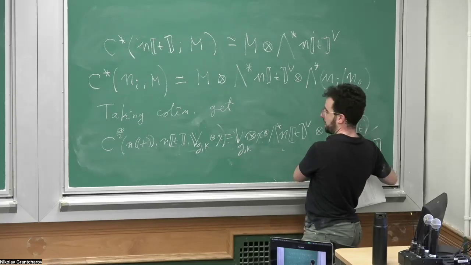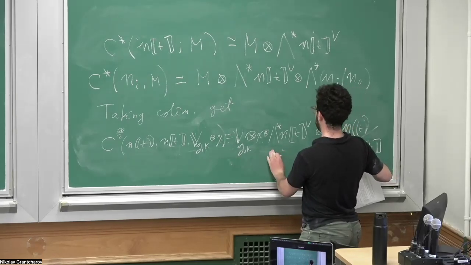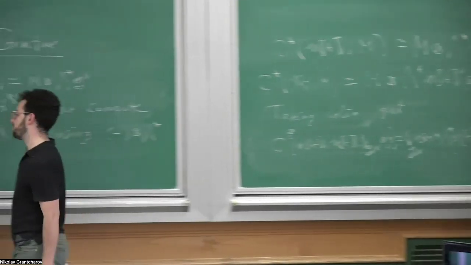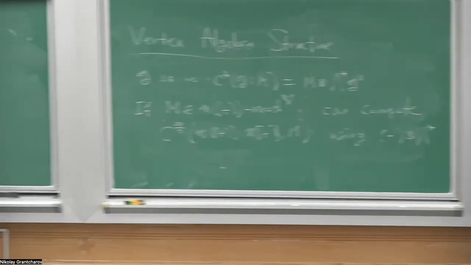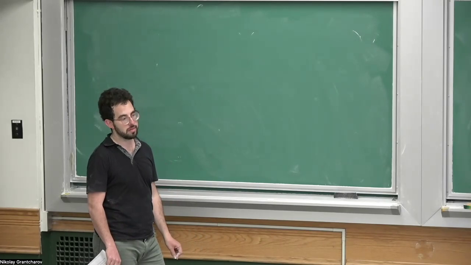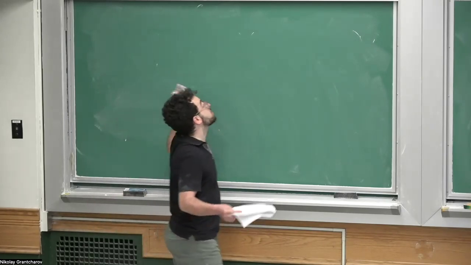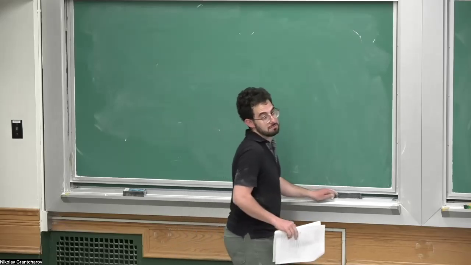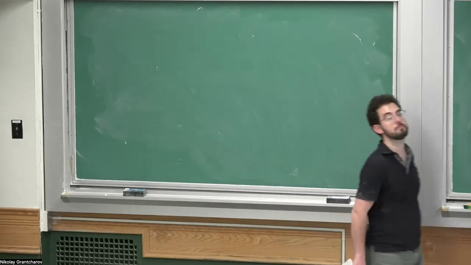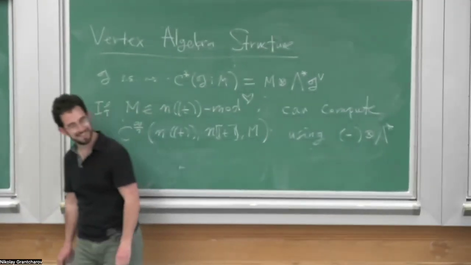And those are exterior algebras. So if we have a tensor of two exterior algebras, there is a natural structure of a vertex algebra on that, which is called the fermionic vertex super algebra.